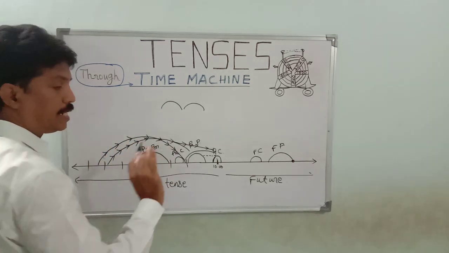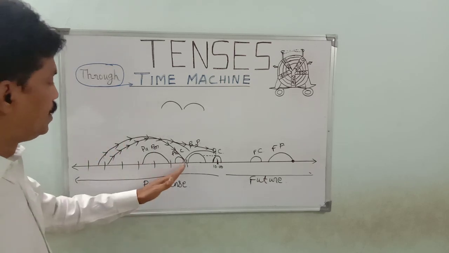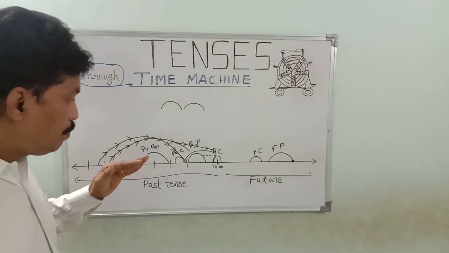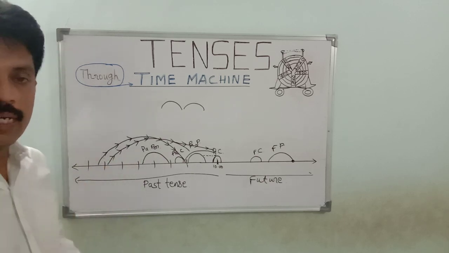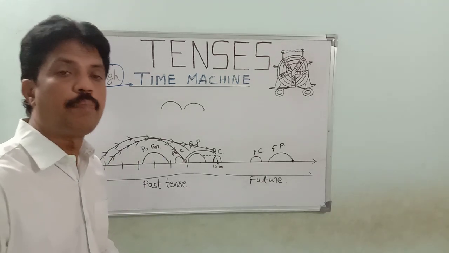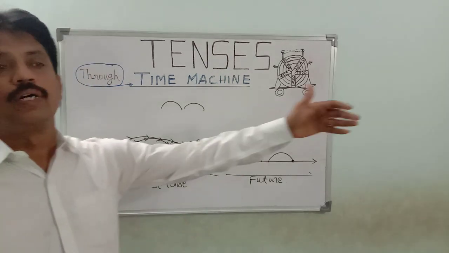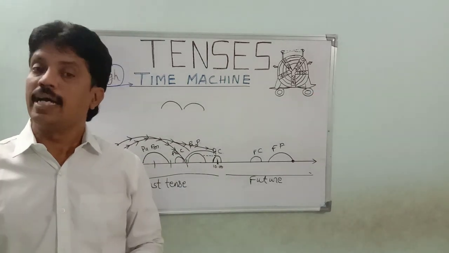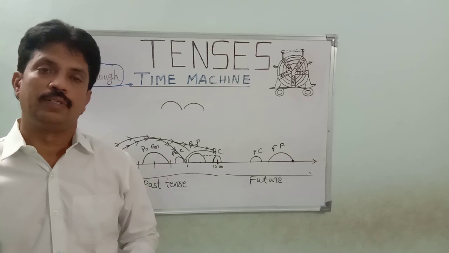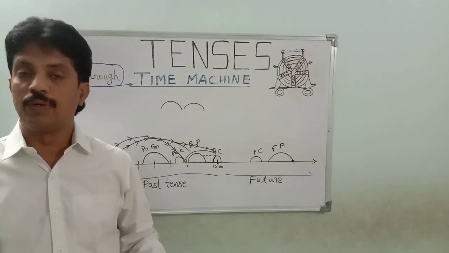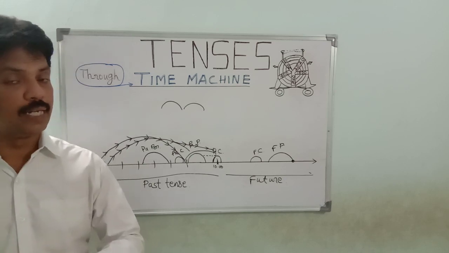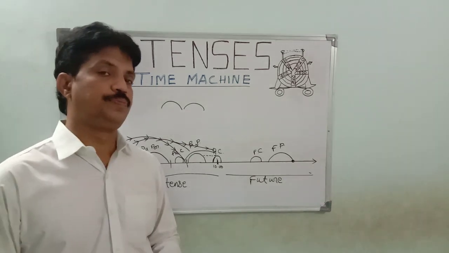It doesn't have any impact in the present. It is already over. Like past perfect, this one also comes with another piece of information in past tense. I had been working in this company before I joined another company. It is usually followed by another past tense piece of information.